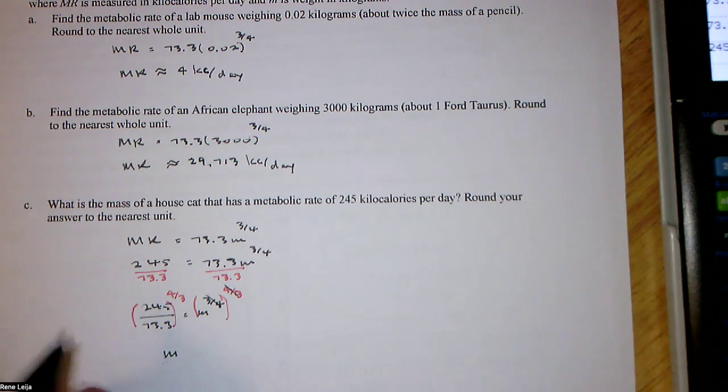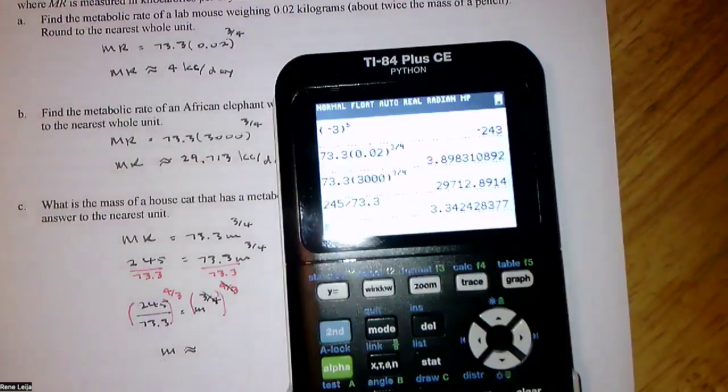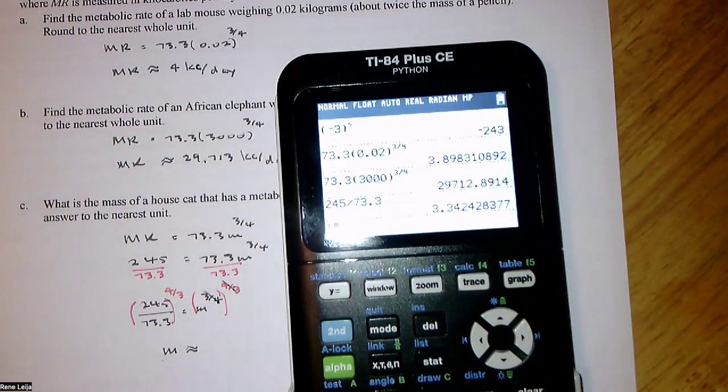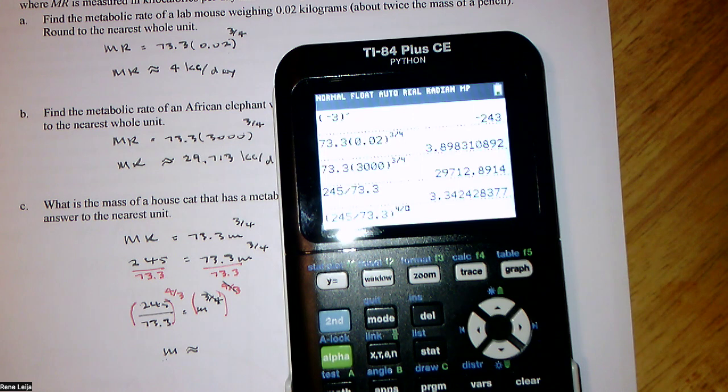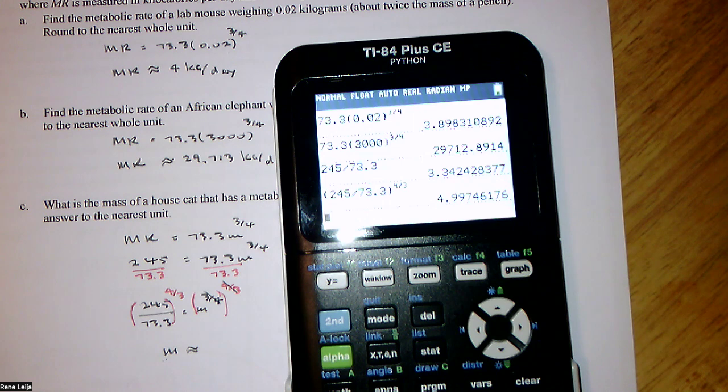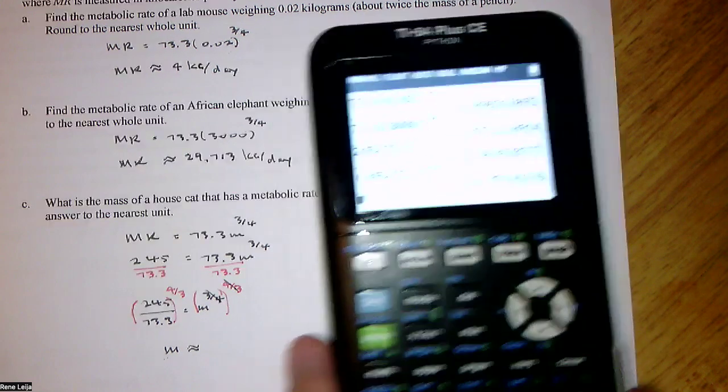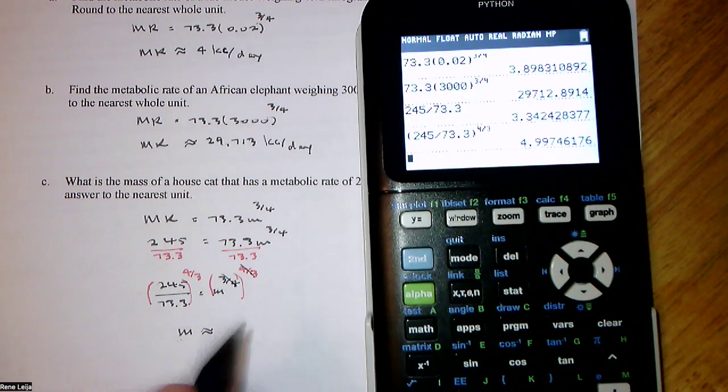It says round your answer to the nearest unit. So that means I'm going to have an approximation here. Okay, so we're going to crunch this. So open your parentheses, 245 divided by 73.3, close your parentheses, raise it to the 4 divided by 3 power, and then round that answer to the nearest whole unit, which is going to give you 5.